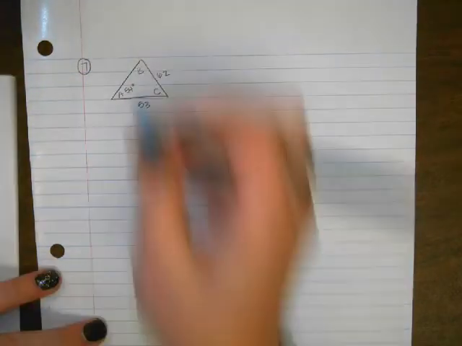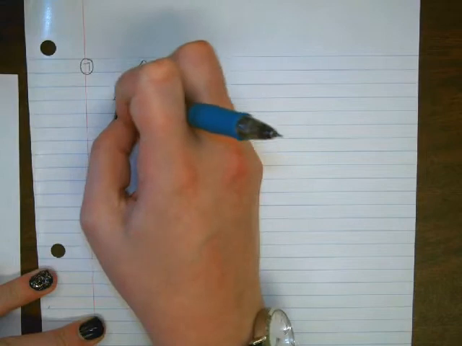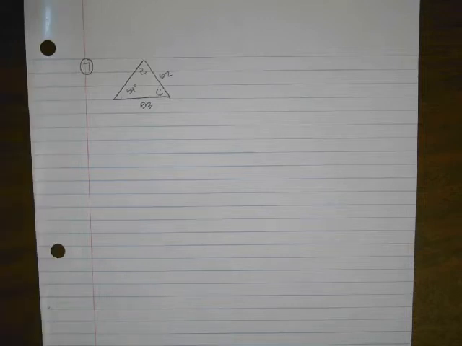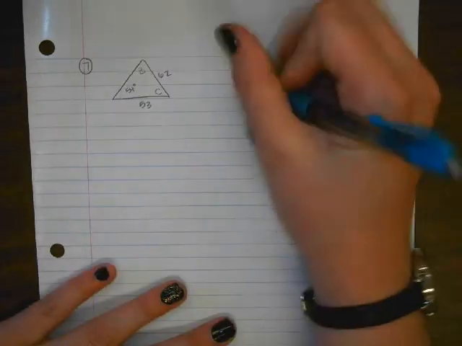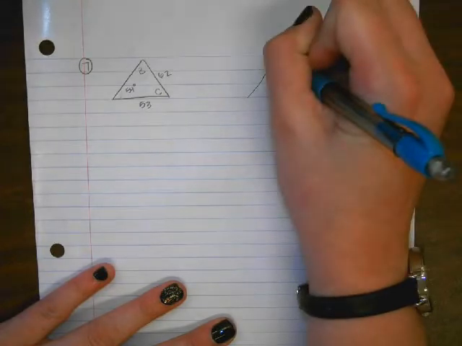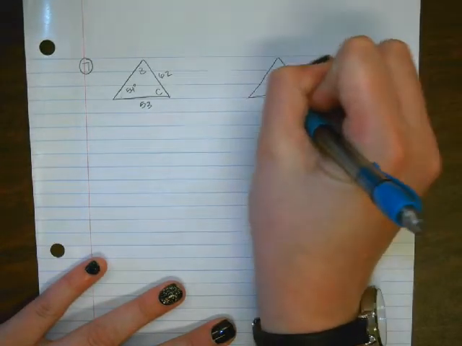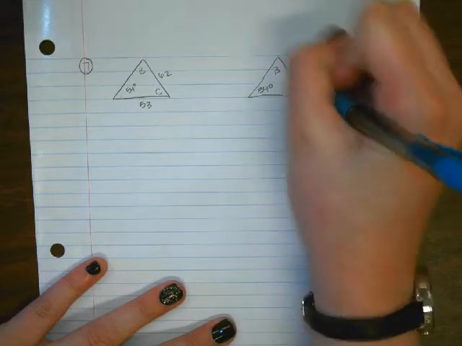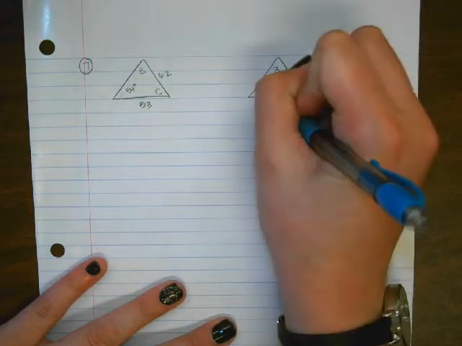So as soon as I see that the information that they gave me is angle side side, I will always draw 2 triangles, because there could be 2. So 54 degrees, angle B, angle C, 62, 53.